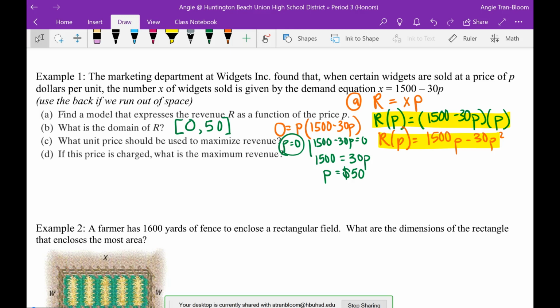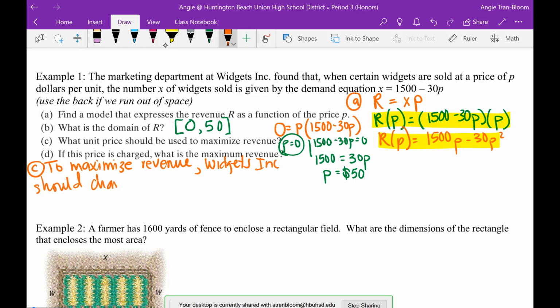Okay. C, what unit price should be used to maximize revenue? So this is when you bust out your calculator and plug it in. So C, to maximize revenue, Widgets Incorporated should charge blank amount.